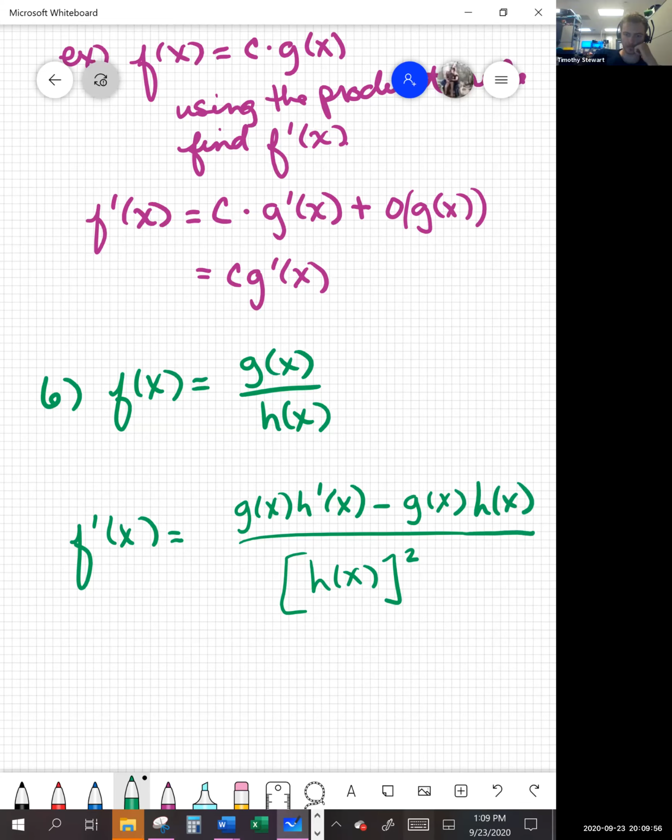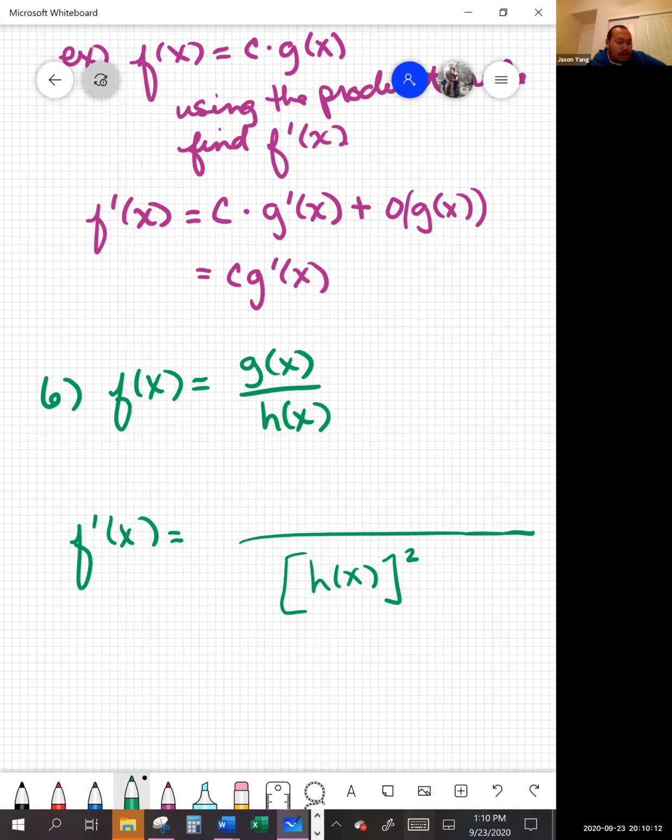Wouldn't those be maybe h of x times the derivative of g of x minus the derivative of h of x times g of x? I'm not sure if I'm saying it correctly. So you said the derivative of g of x all times h of x minus the derivative of h of x times g of x.